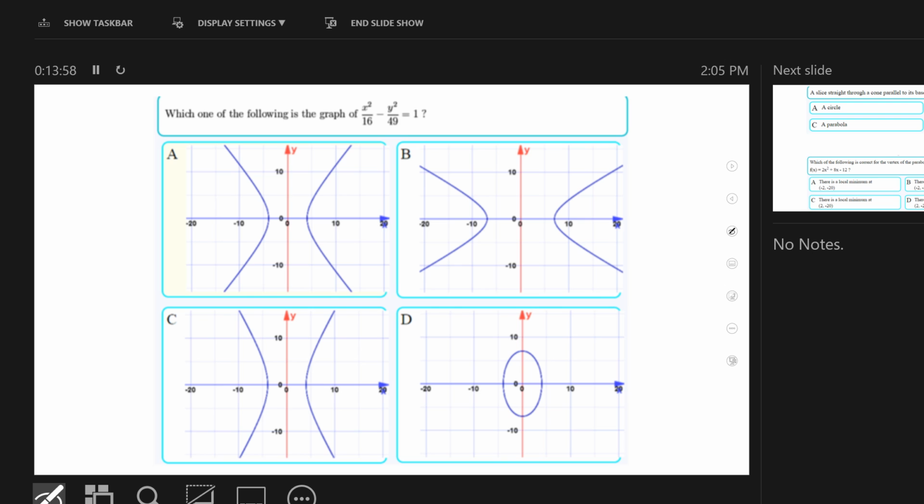How about this one? Which one of the following is a graph of x squared over 16 minus y squared over 49 equals 1? You think it's A? A or C, yeah, I'm with you there. But which one?